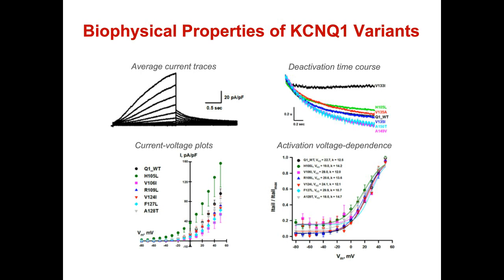And just to give a snapshot, these are some early analysis schemes that we've applied to some of the data, and we can easily average current traces up in the upper left-hand corner there. We can look at activation and deactivation time constants. We can plot current voltage and activation voltage dependence.